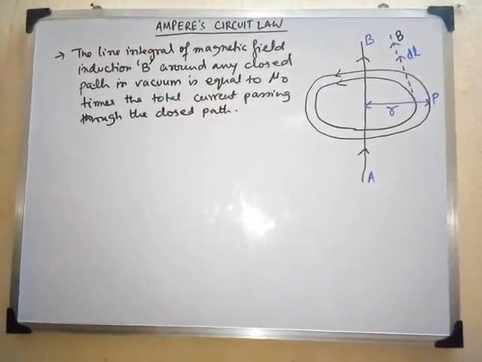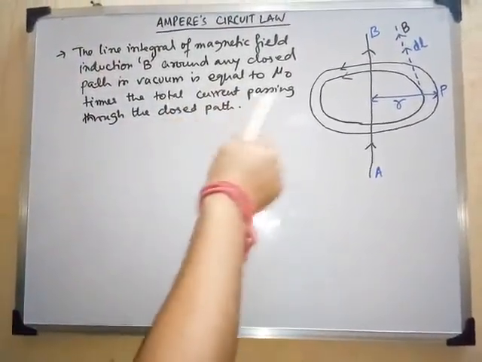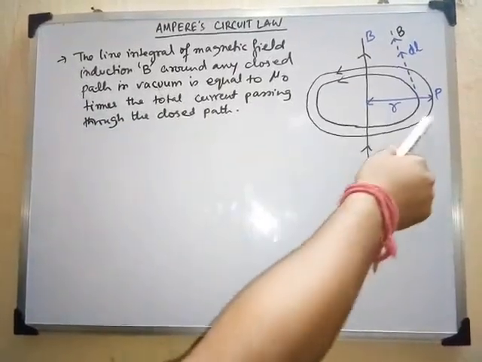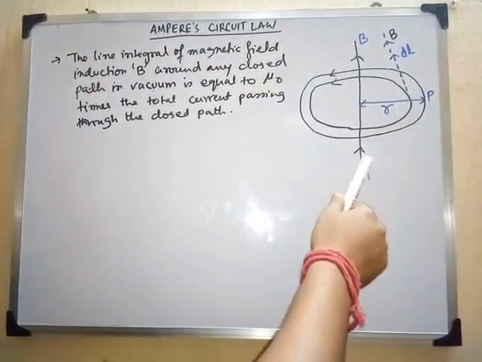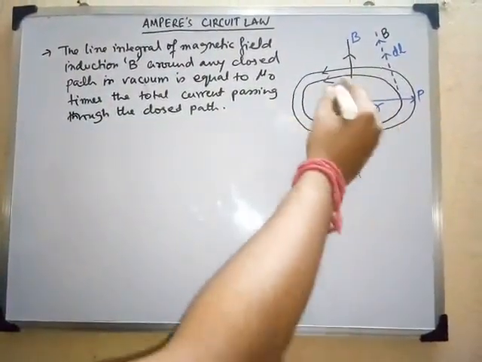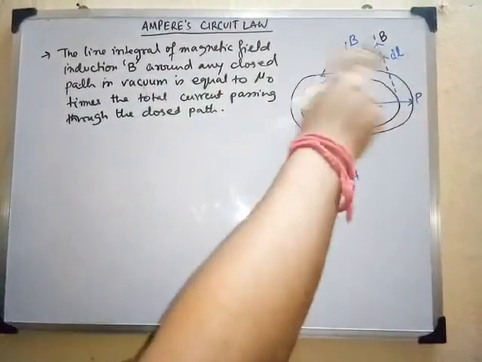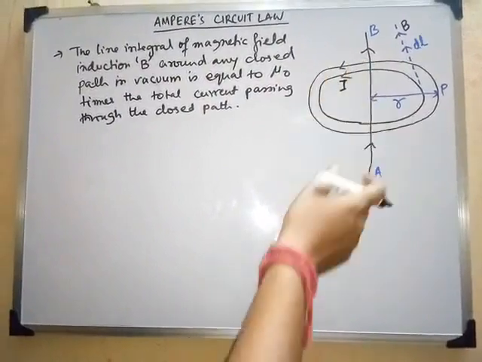So you can see the line integral of magnetic field induction B around any closed path in vacuum. Around any closed path means you can consider this a circular path where some amount of current is passing. So due to the current I passing through this closed line, some magnetic field will be generated.